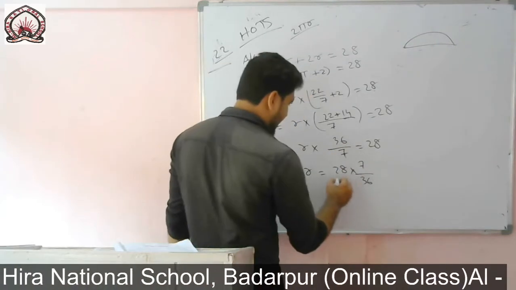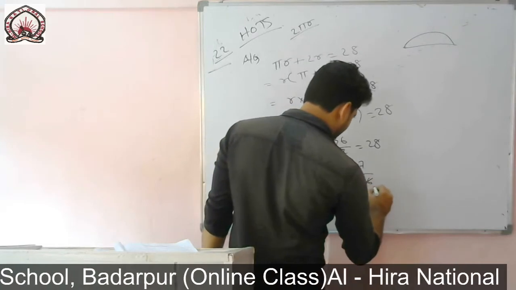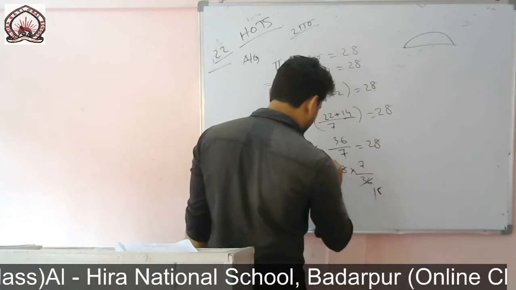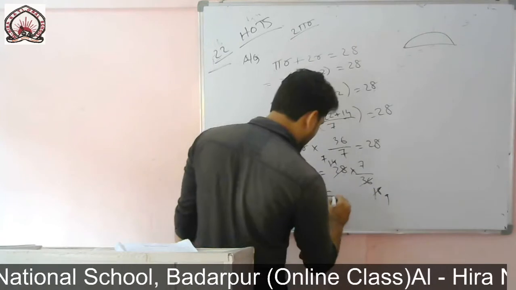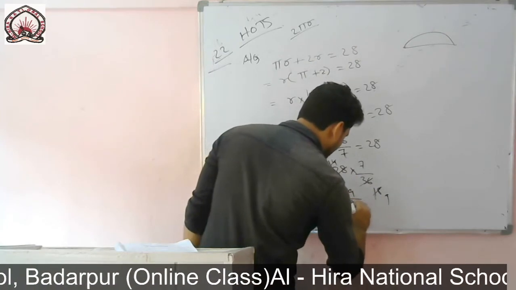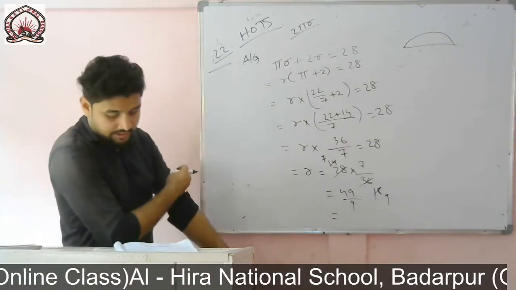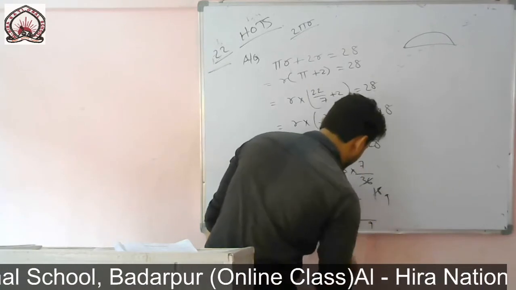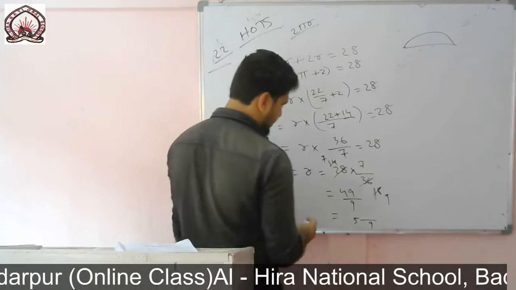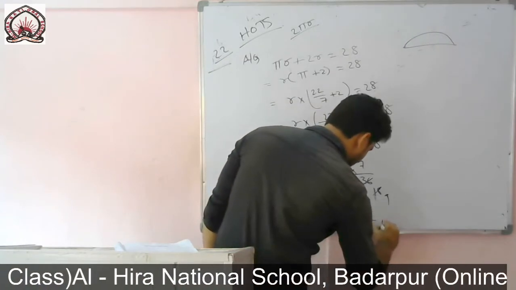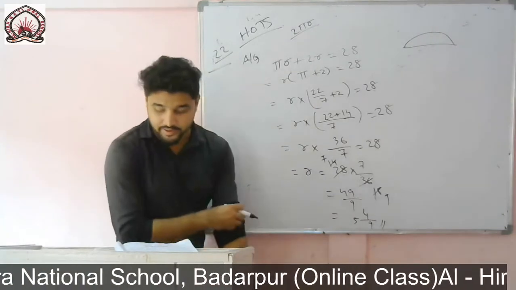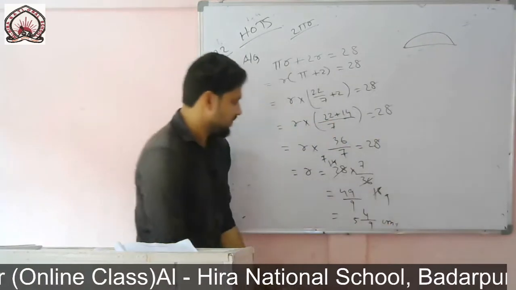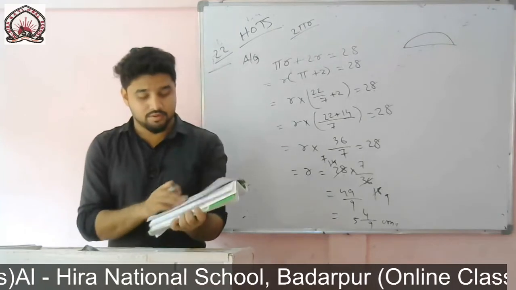Now you cancel, and you will get 49 by 9. This is the radius, in centimeters.